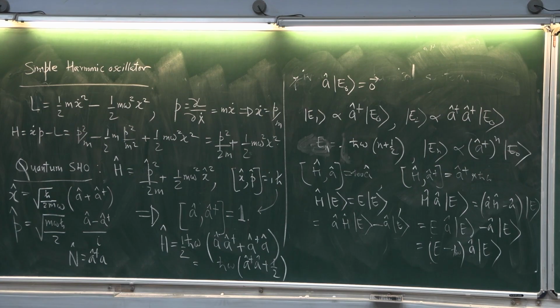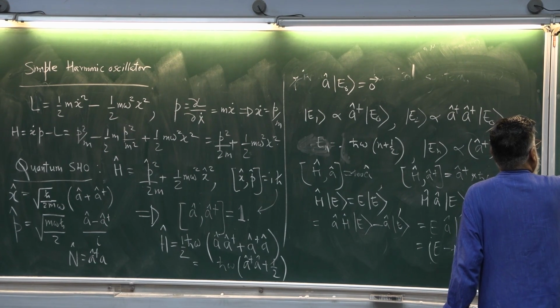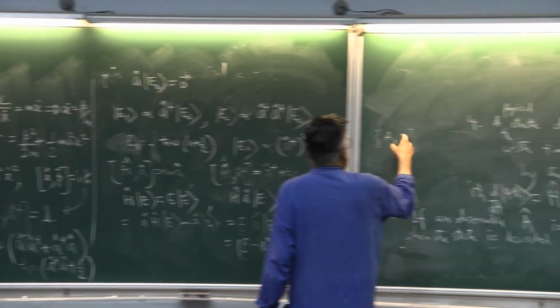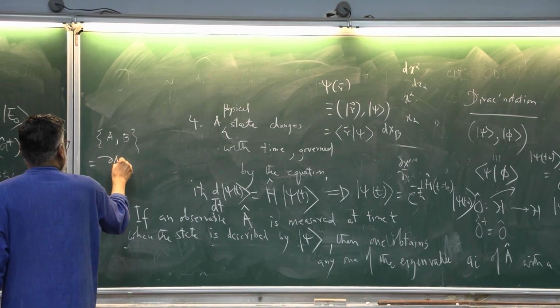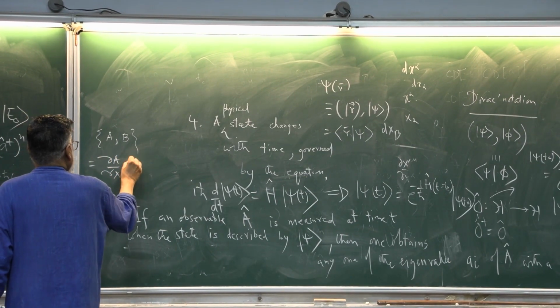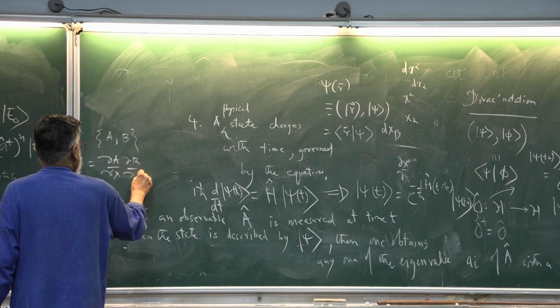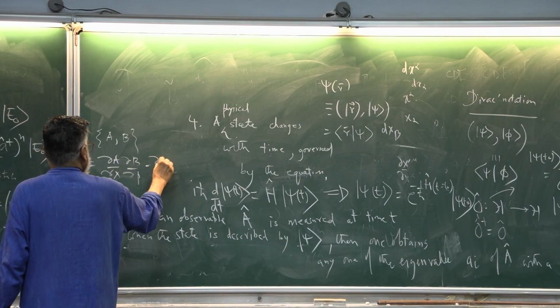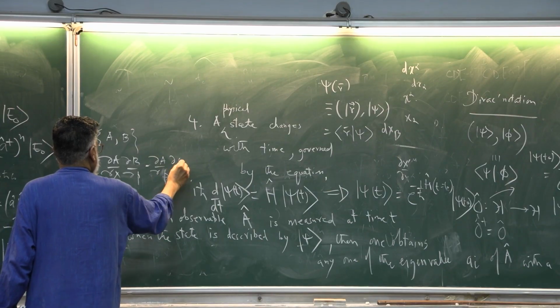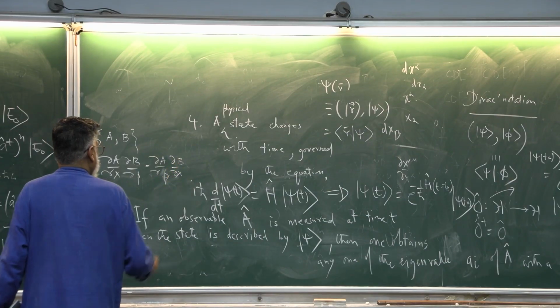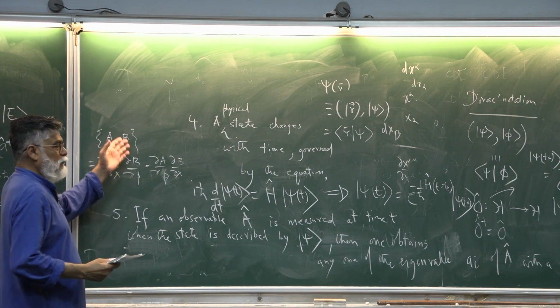So, the definition of a Poisson bracket, for any dynamical variables A, B, which are functions of Q's and P's or X and P's, is del A by del X, del B by del P, minus del A by del P, del B by del X. This is the definition of Poisson bracket.